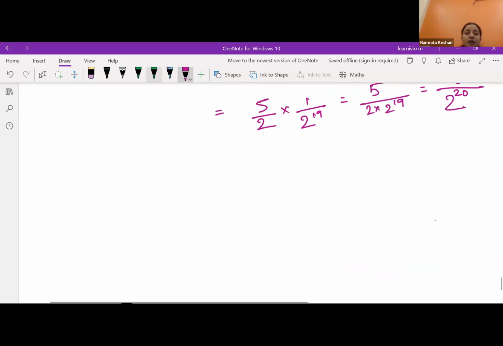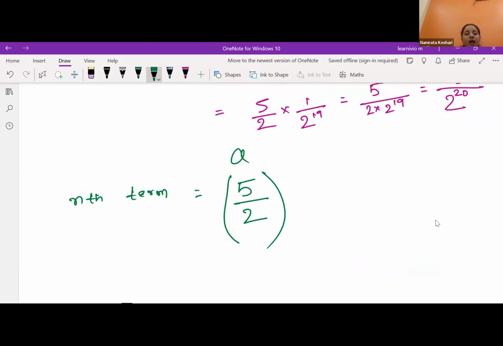Now, if it says find the 20th term and also find the nth term, whenever the question says find the nth term, please don't get confused. You just need to put the a value as it is, A and R. You know your R is 1 by 2 to the power n minus 1. What is your n value over here? Nothing. It's just given n.